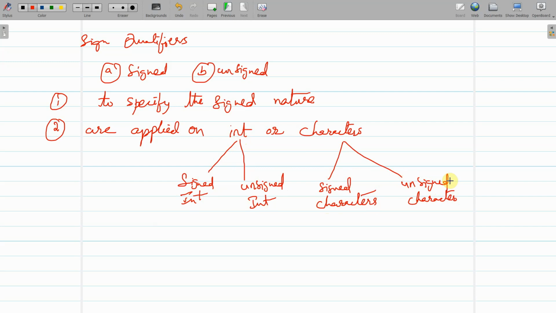Now once we are done with this, I will give you a small table through which you will easily understand how this has been classified. Here it is serial number, data type, and qualifier.